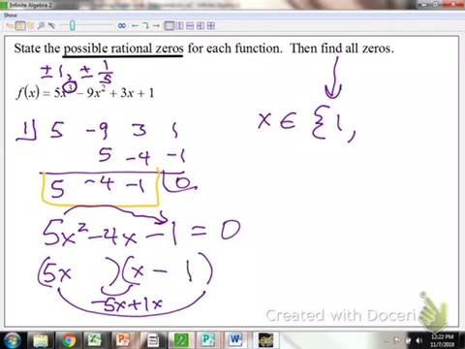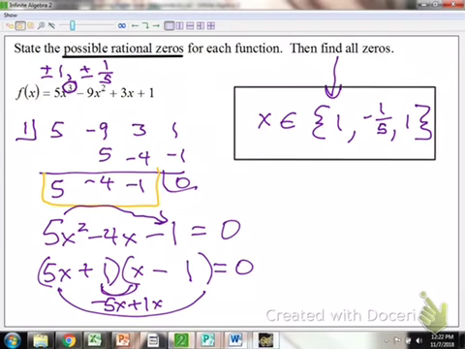So I need a negative 1 here to get the negative 5x, and a positive 1 there to give me the positive 1x, and that's going to be negative 1. And so I've got that factored correctly, and the zeros of these 2 factors are negative 1/5 and positive 1.